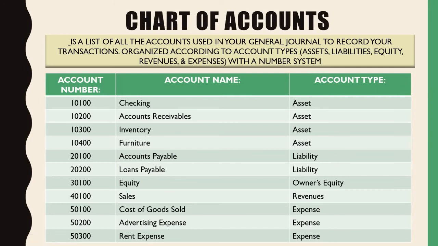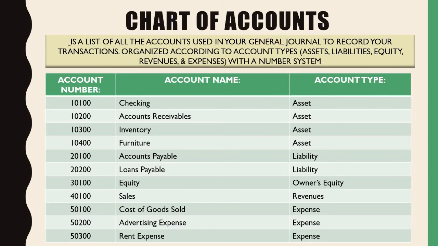You can have as many accounts as you want, and if you end up running out of numbers or accounts, you could start creating different account numbers for it, as long as they fall under the same sequence.